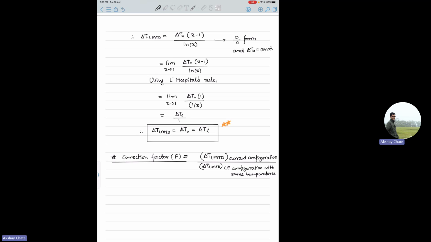So you cannot define LMTD for every configuration. So what is typically done is, with the configuration of the heat exchanger under observation, a correction factor is also given. So as compared to a counterflow heat exchanger with these inlet and outlet temperatures, whatever LMTD you get, you multiply that LMTD with some correction factor and you will get the LMTD for the current configuration.